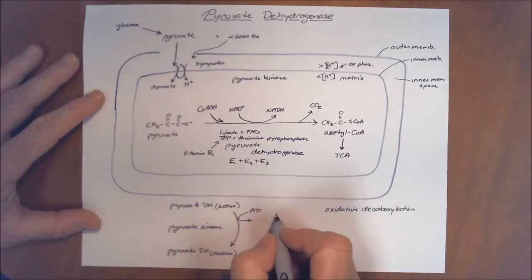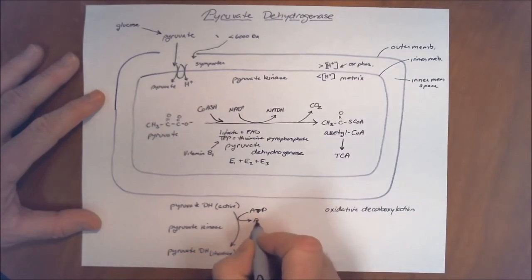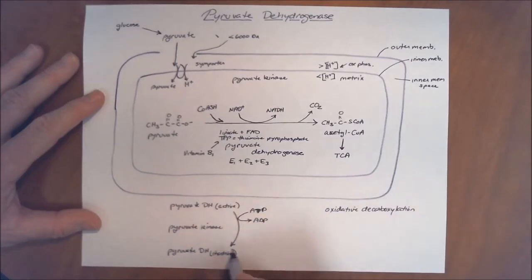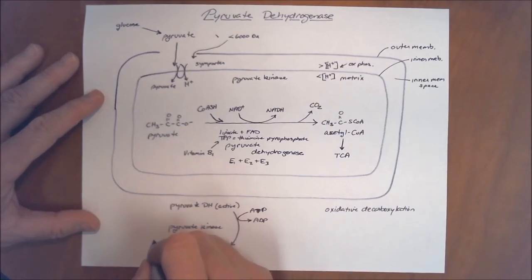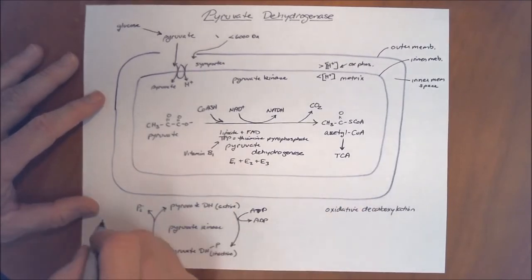And in this case, the pyruvate kinase will be using ATP, converting this to ADP, and phosphorylating the pyruvate dehydrogenase and inactivating it. For activation, we are going to need a dephosphorylation event, releasing inorganic phosphate, and this is the protein phosphatase function.